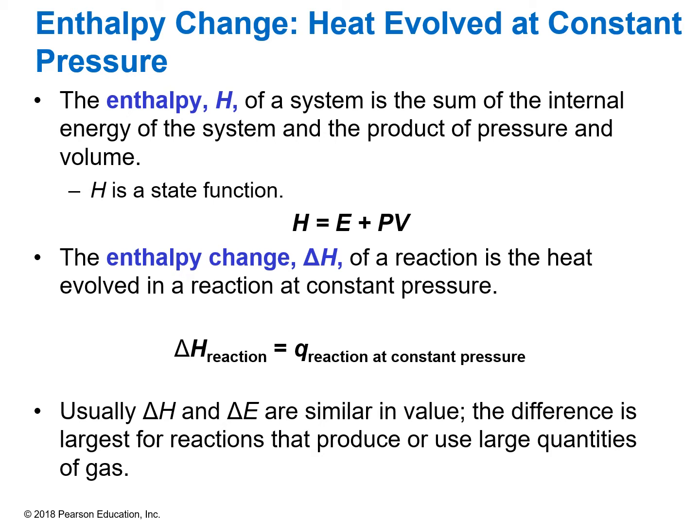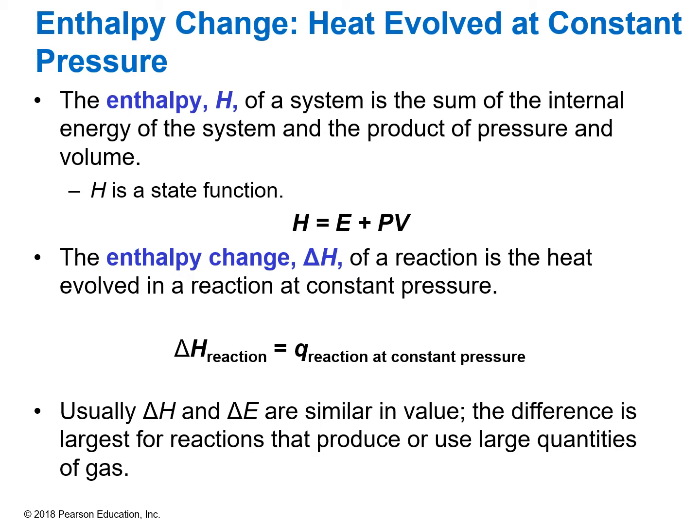Now, this may sound fairly complicated, and if we were looking at more complicated systems, I suppose it would be. But the way that we're going to apply this is in the production of products from reactants in a chemical reaction at a constant pressure and with no involvement of volume.